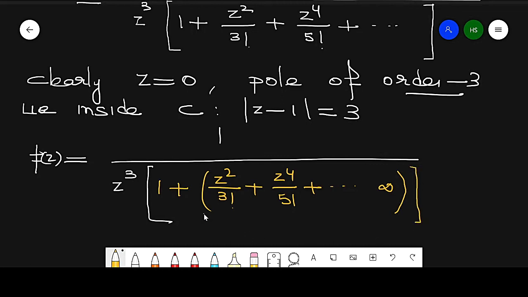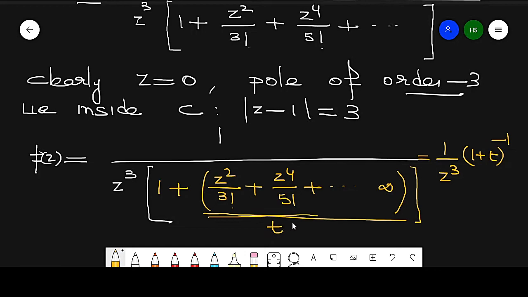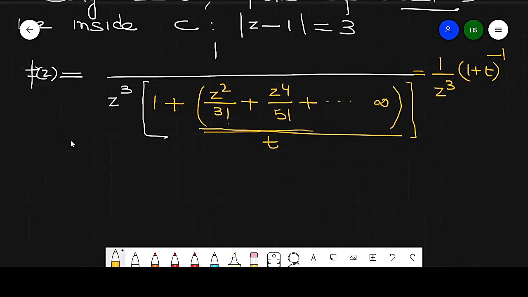If I take this term as t, it means this value is 1 over z cube into 1 plus t raised to power minus 1. If I choose the entire term as t, this can be written in this way.